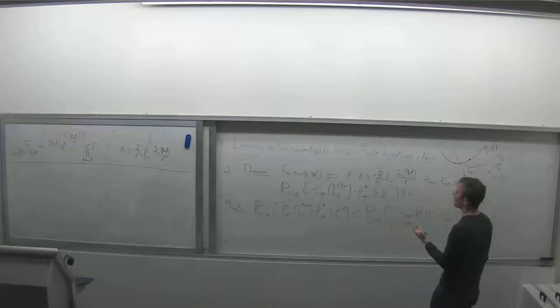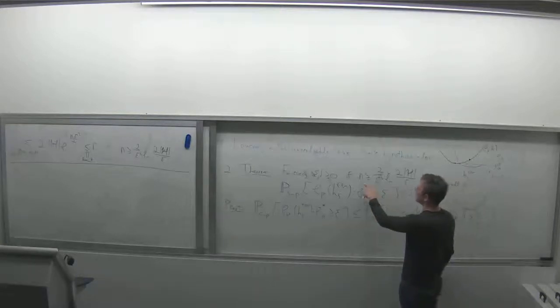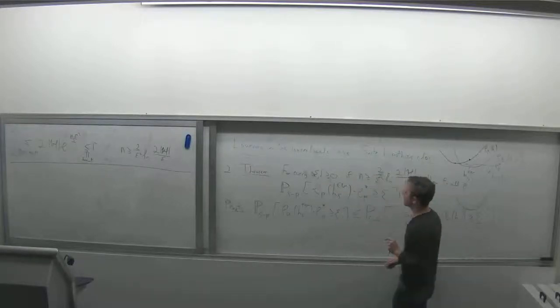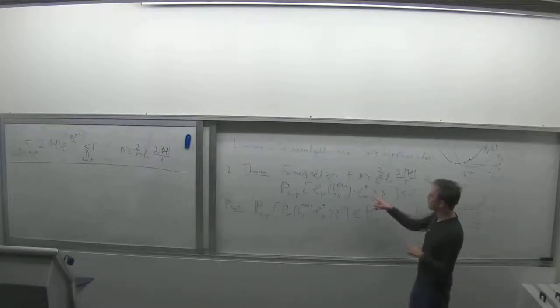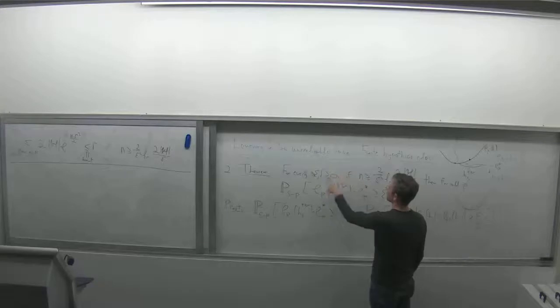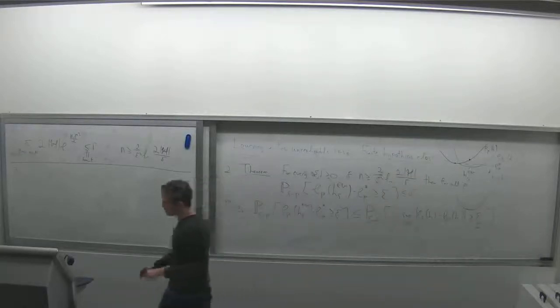Okay, so now let's play a different game where we fix n and delta, and we ask, basically the confidence interval game: how far is the generalization error of ERM from E star? We're just doing this inversion that we had before.